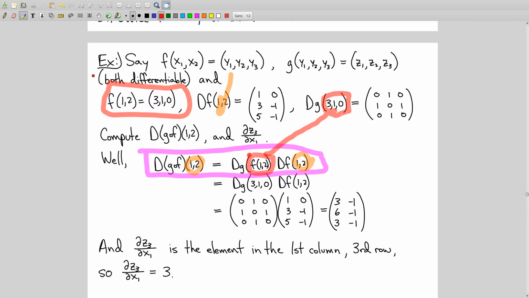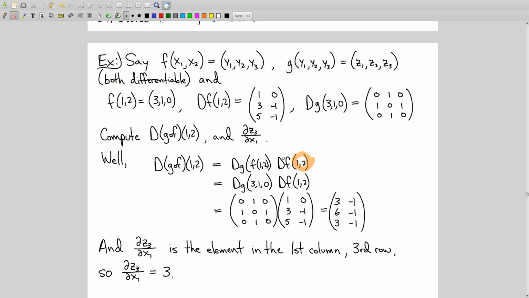Another thing we need to worry about is the order that I write these matrices down in. The order is very important, as you all recall from linear algebra. Matrix multiplication is not commutative. You can't switch the order of the matrices. It just doesn't work. So which order is it?